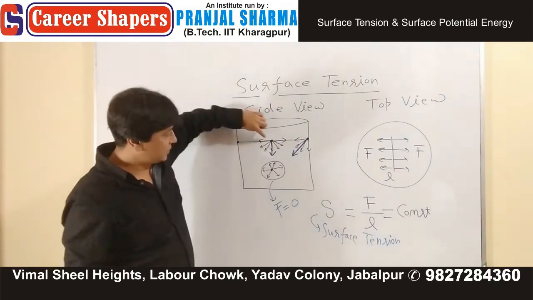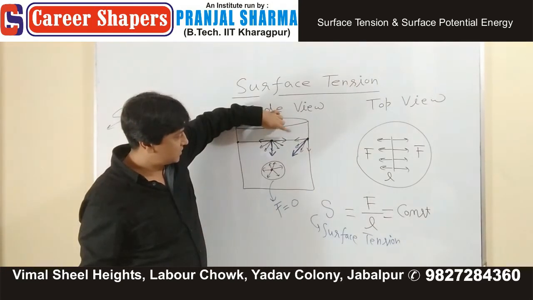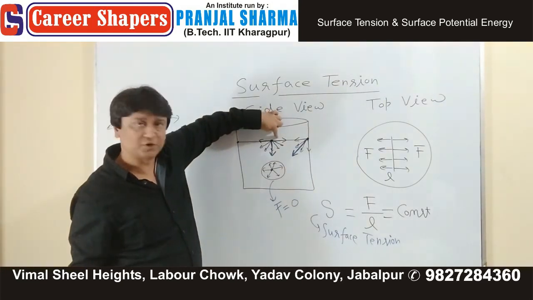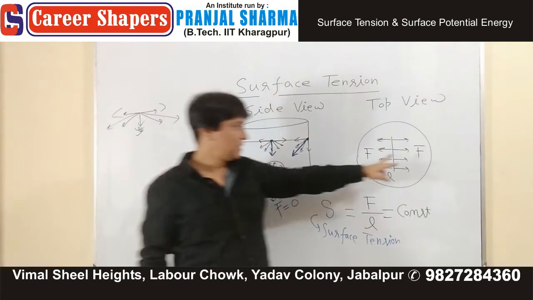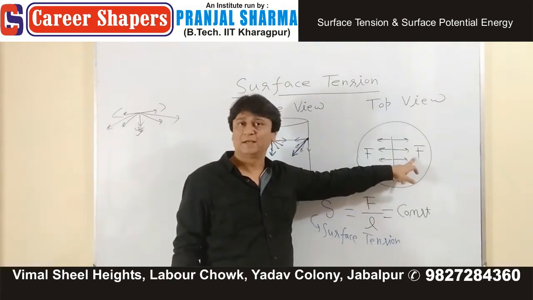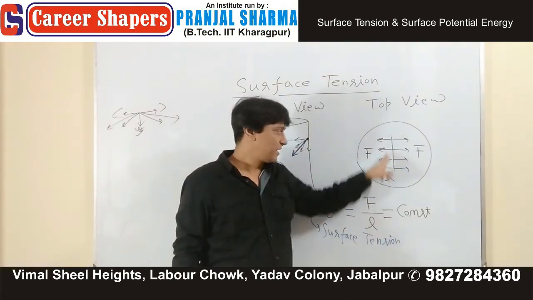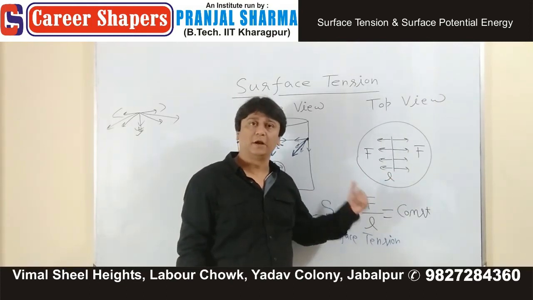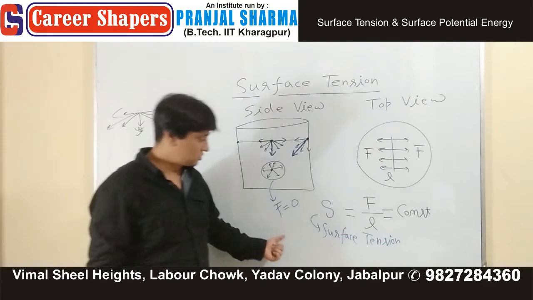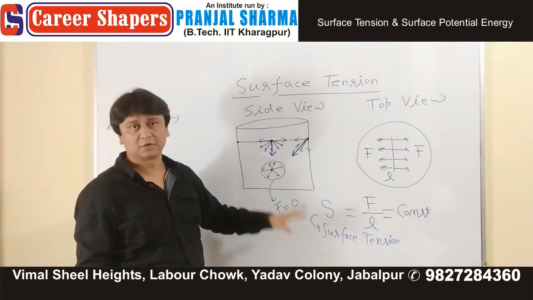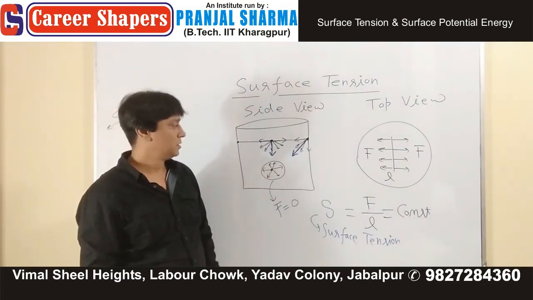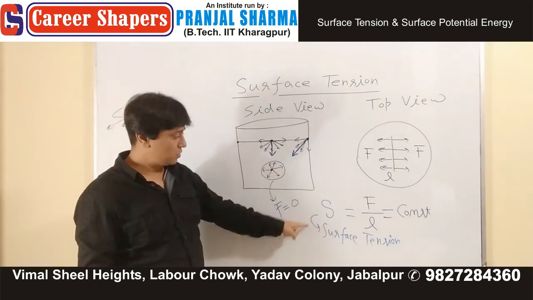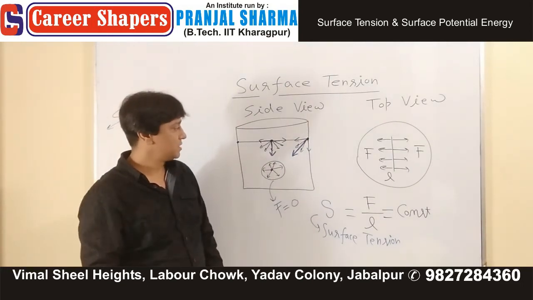On this surface, all the forces which are acting in this direction, if you take them as F on a given length L, then force per unit length is called surface tension. Draw this figure, note down this, and then we'll write a statement.